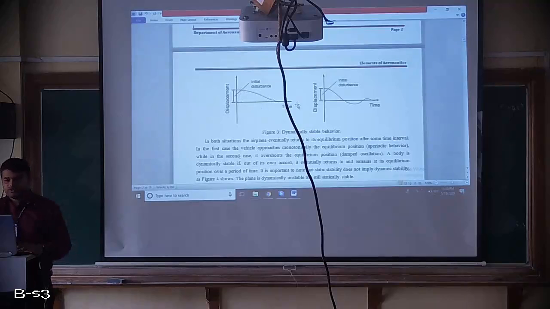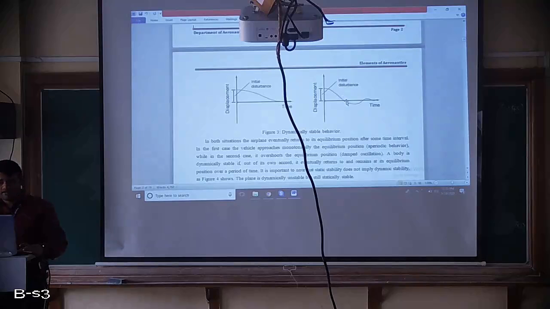Now, in the static condition, let us say this happens, but in the dynamic condition, we come to this graph. Displacement is here and time is in this direction. Now there is a disturbance. After a certain time, the disturbed condition starts reducing, and it is trying to come back to the original position, but it is not happening yet.